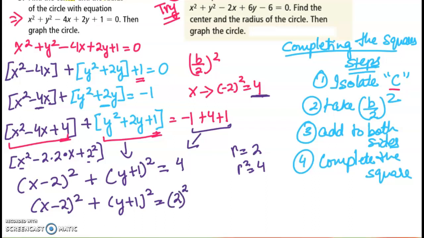let's write our final thoughts. What is the center? Center is h and k. What is h here? h is 2. We are not putting negative 2 because our equation is x minus h, y minus k. So we are just taking the terms. So it will be 2 and negative 1.